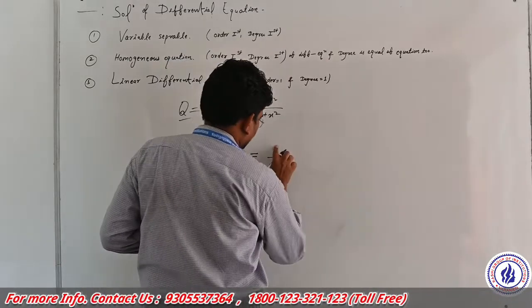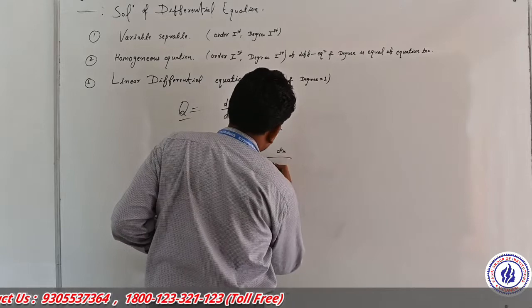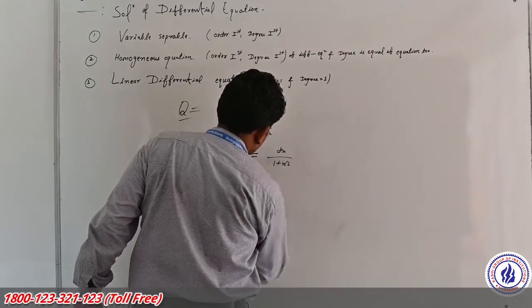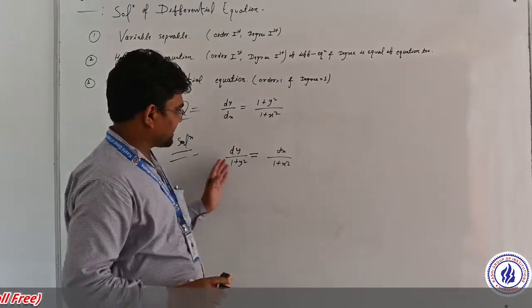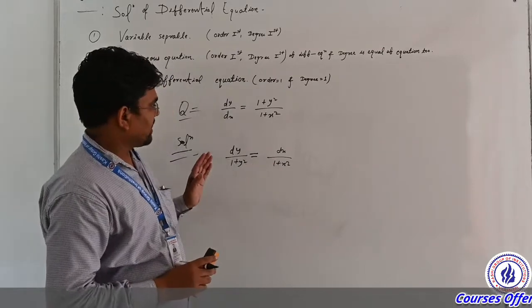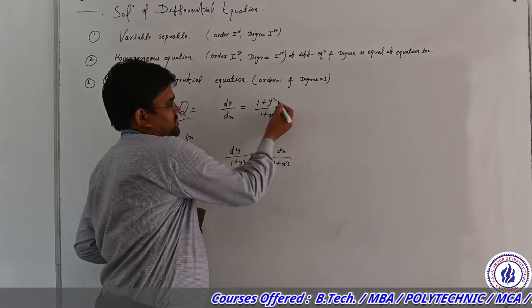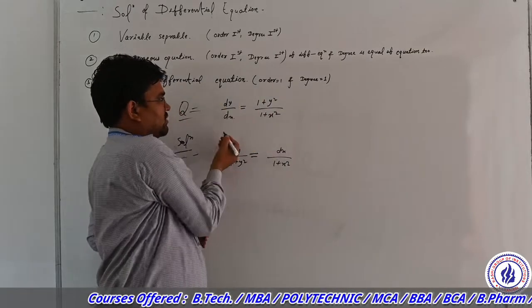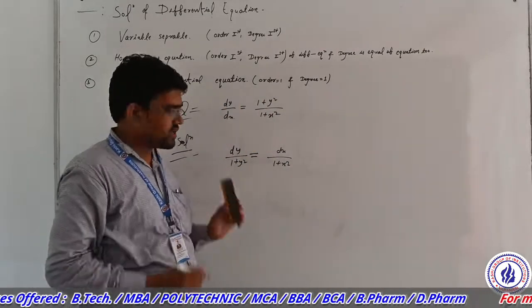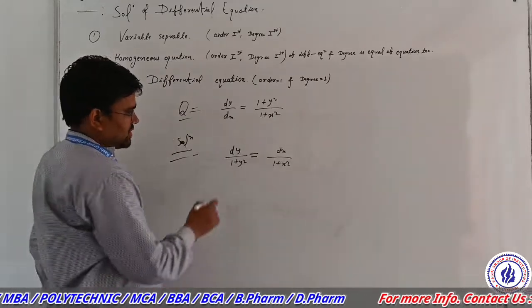Here we have dx over 1 plus x square. So easily we can write it in that manner. Via cross multiplication, that one goes to the right side and this one goes to the left side in the denominator. On integration, what do we have?